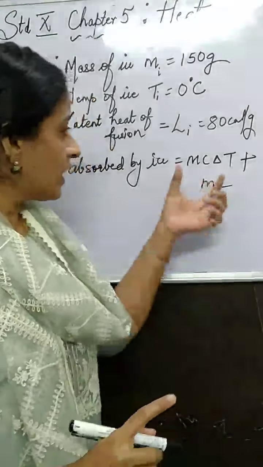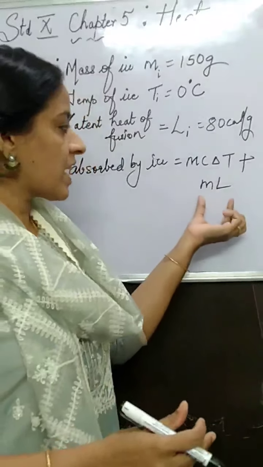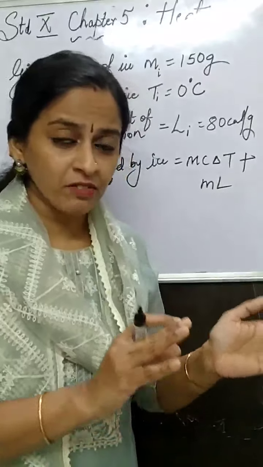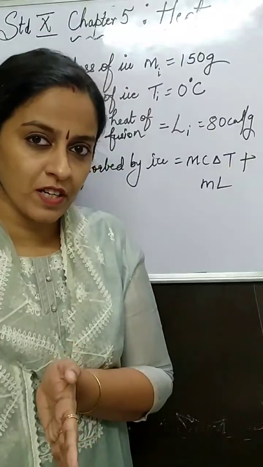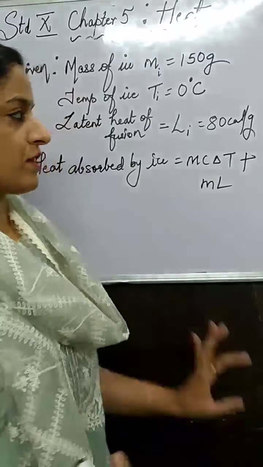It is going to absorb heat as well as the state is also going to change. We discussed this. Ice will get converted into water first and then it is going to absorb heat and reach 50 degrees Celsius.